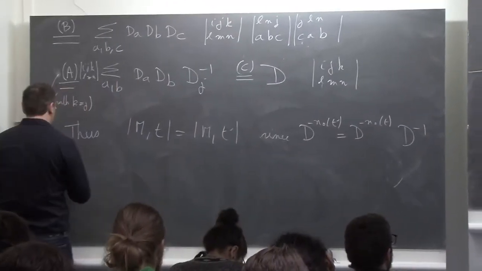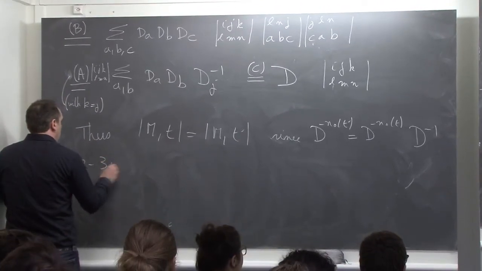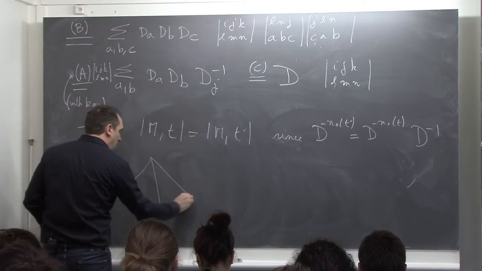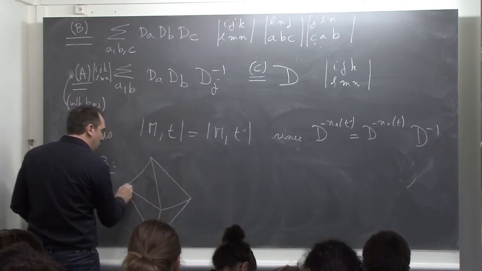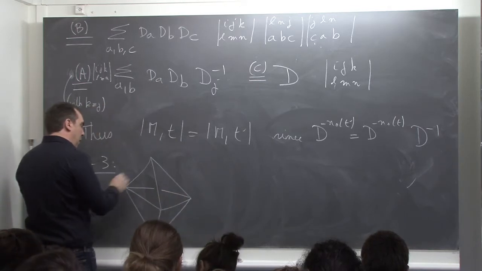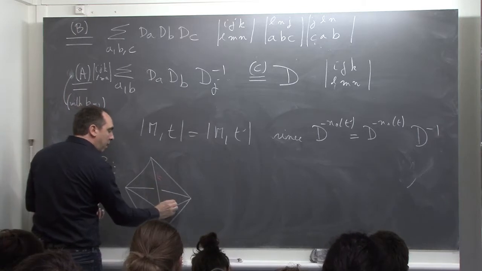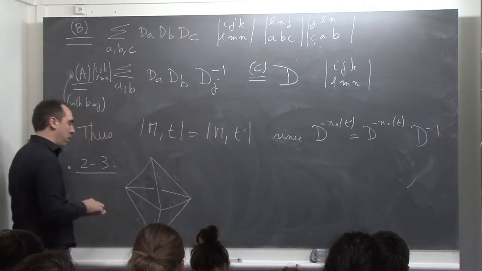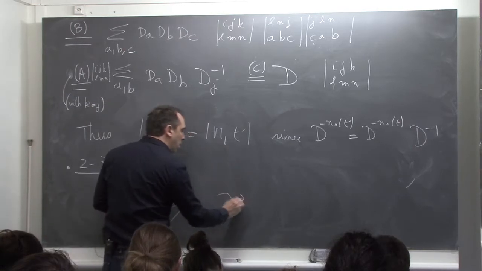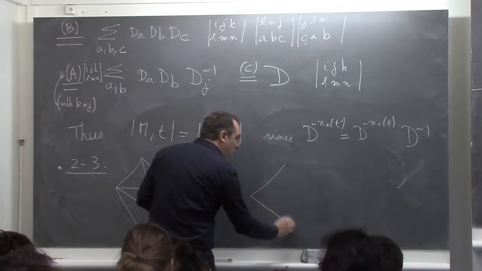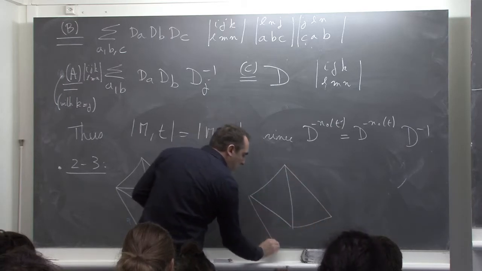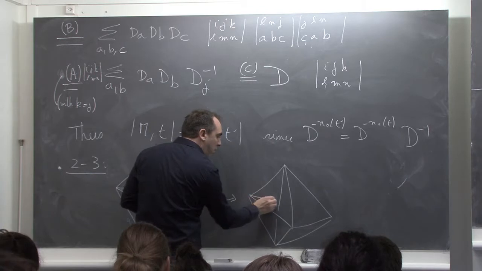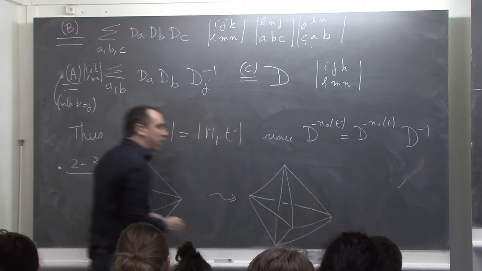And now the move 2, 3 is easier. Yeah? So here we have, let's say, I, G, K, L, M, N, A, B, C, and how it is transformed. So you add an edge here, like this.